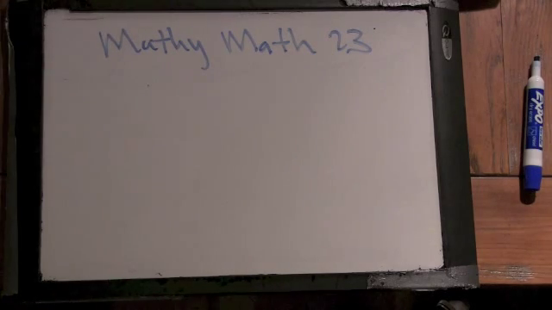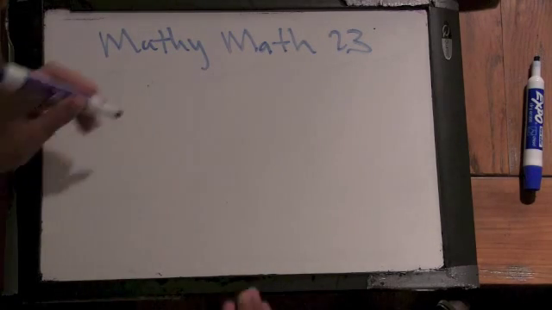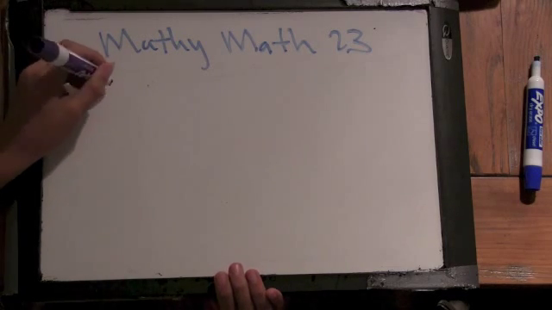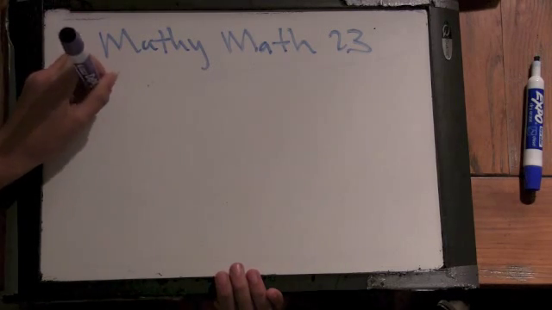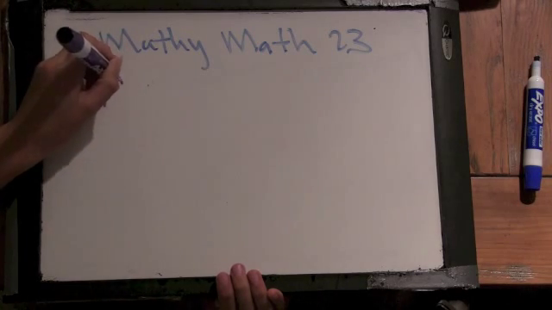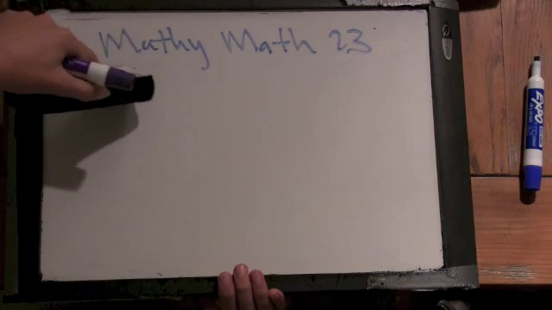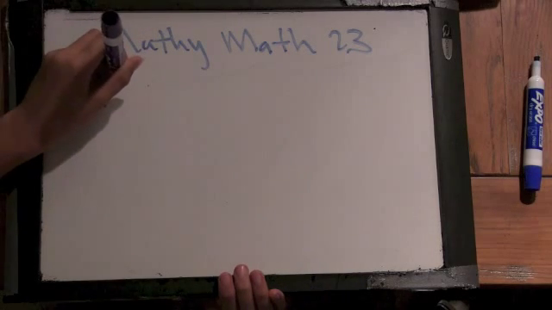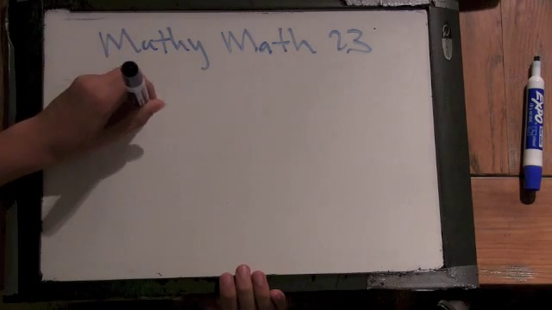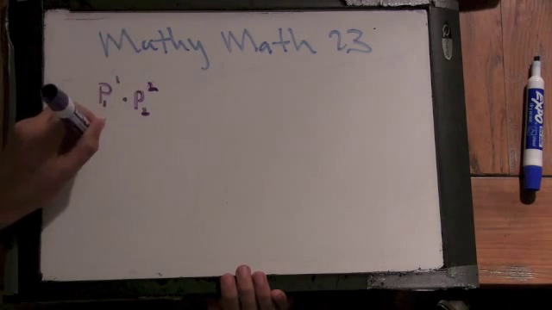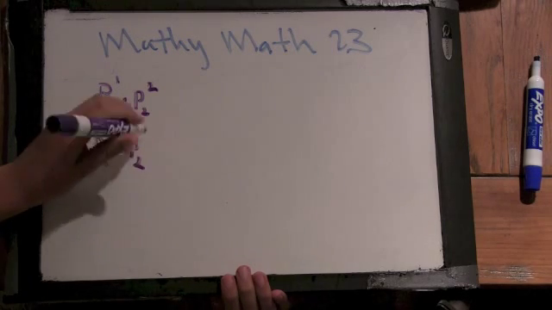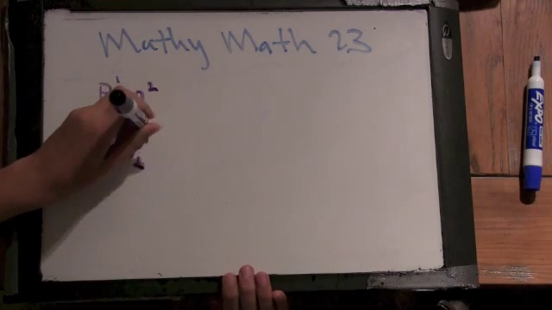So we need to have exactly 6 divisors. It could either be in the form of prime 1 squared times prime 2 to the 1, or prime 1 to the 0 times prime 2 to the 5th.